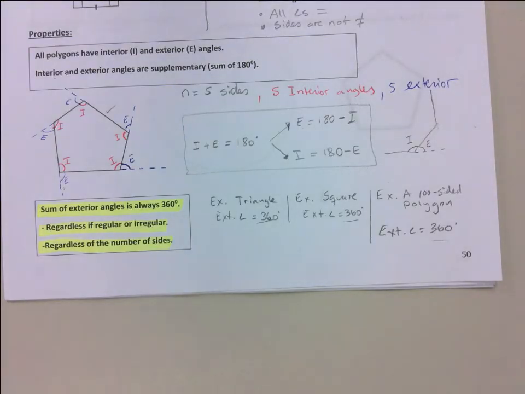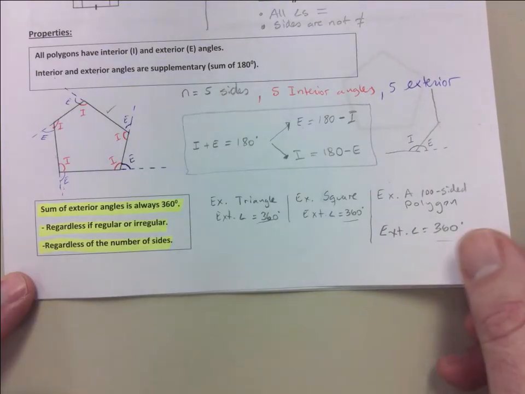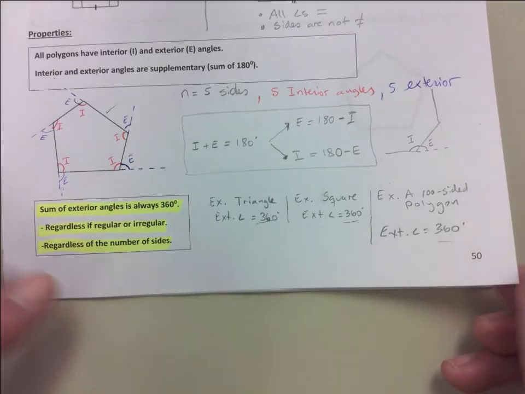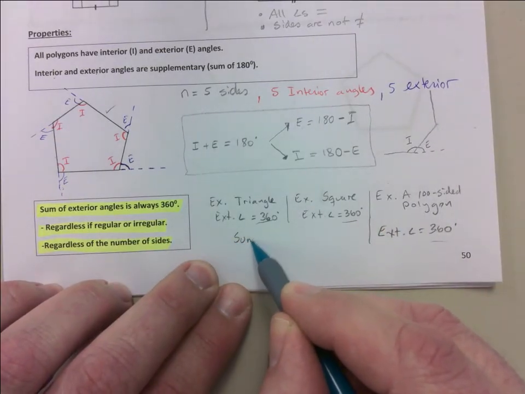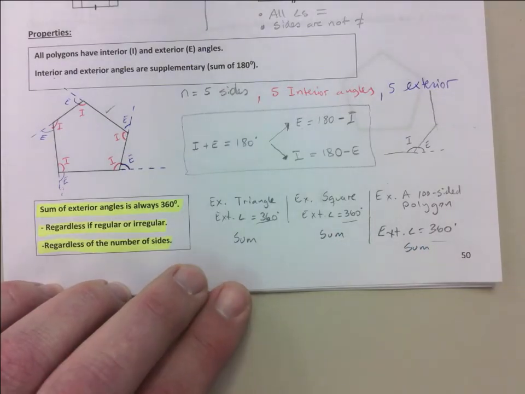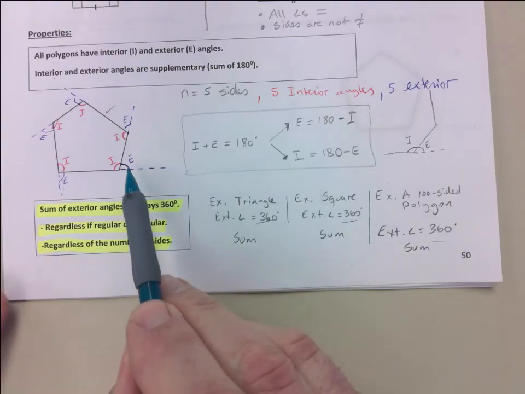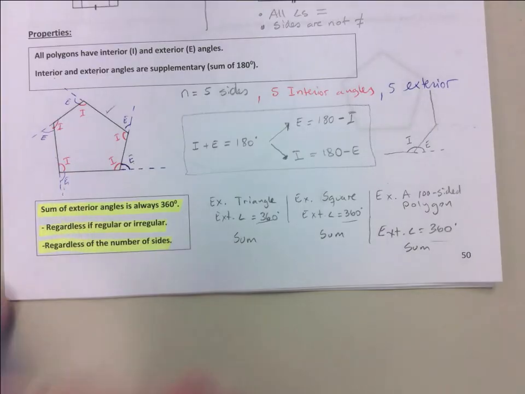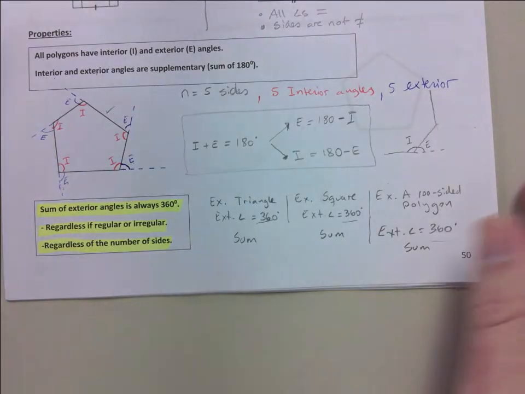No matter how many sides, if you add up all those exterior angles, it's always 360. I should say the sum, because otherwise you're going to tell me, Mr. Dirksen, you said that every exterior angle is always 360 no matter what. No, no, no. Adding up all exterior angles adds up to 360 every time. That's what I'm saying.